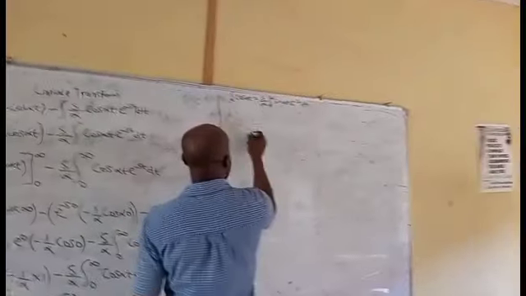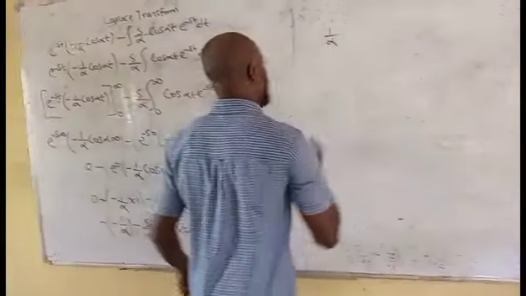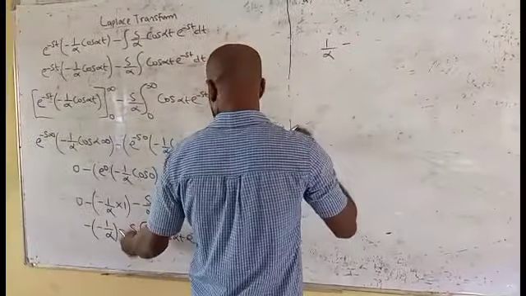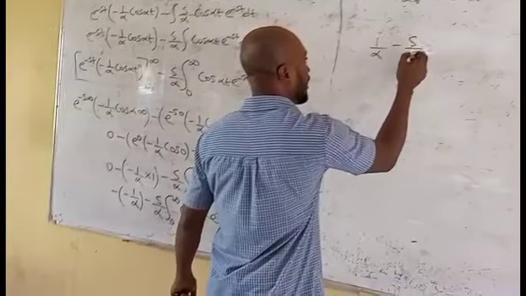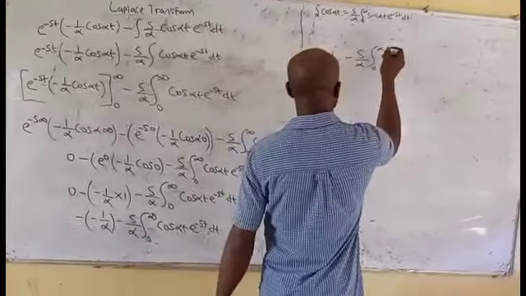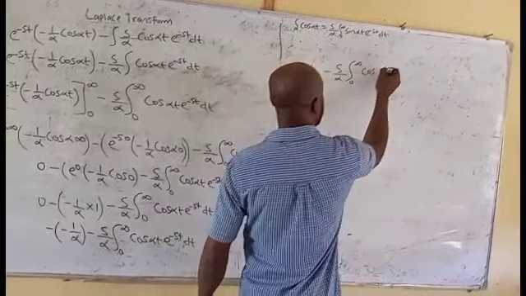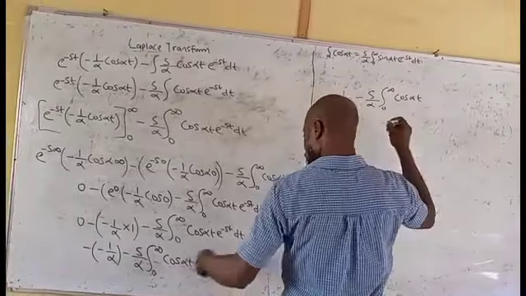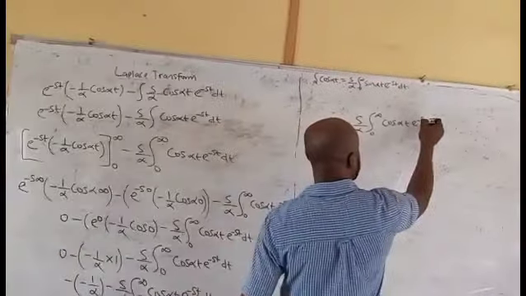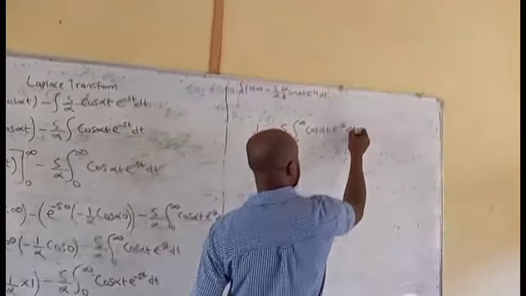So you have 1 over alpha minus x over alpha multiplied by the integral from 0 to infinity of cos alpha t multiplied by the exponential minus st.